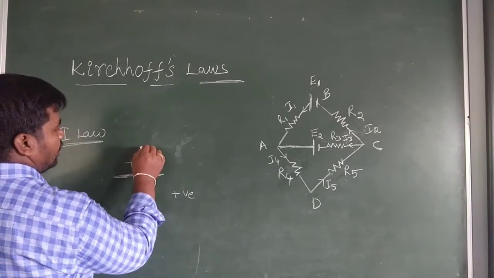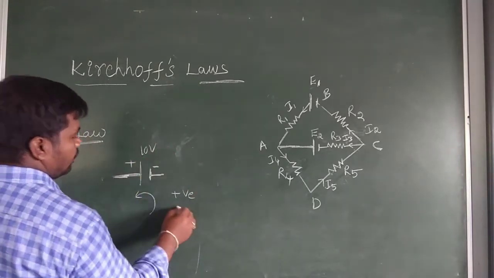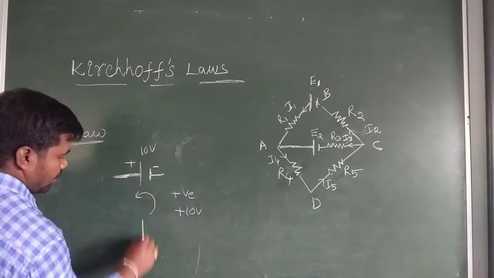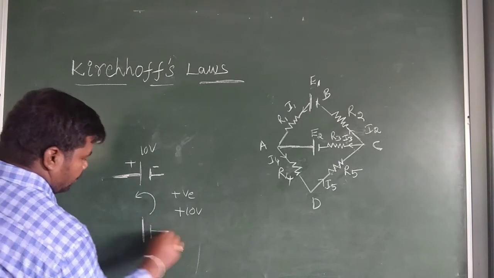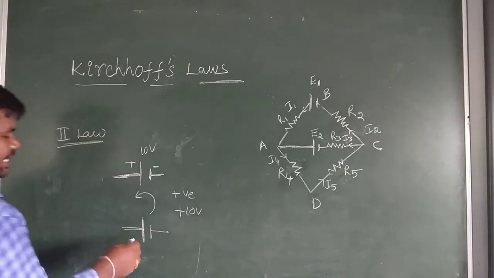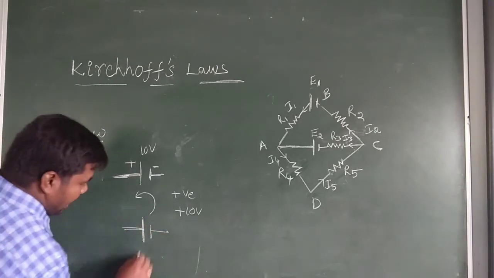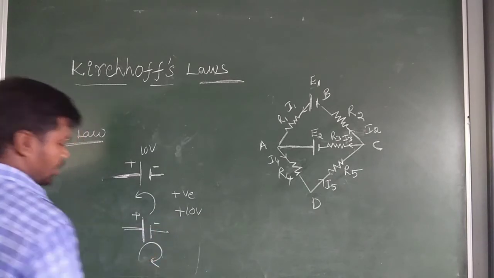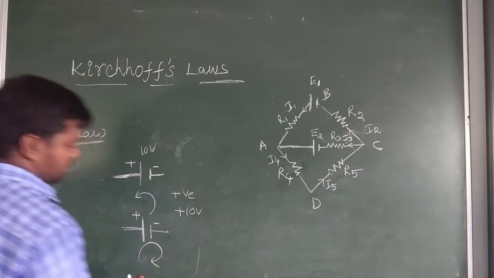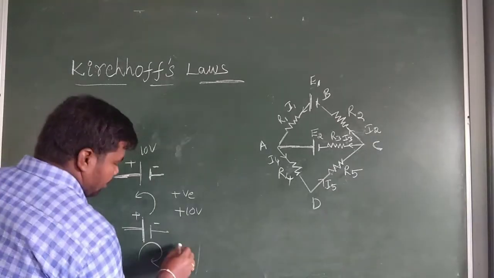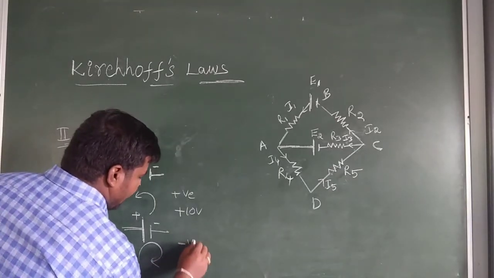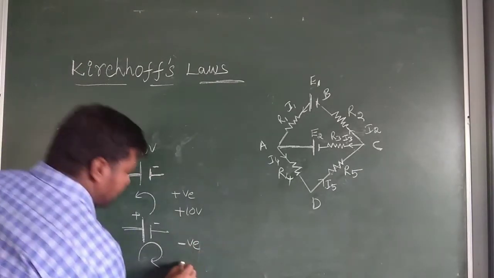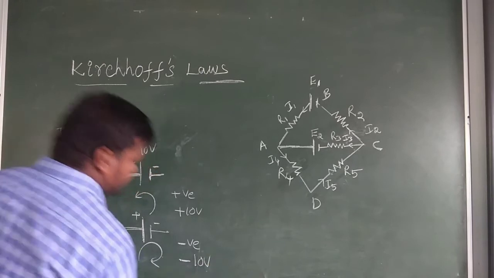If it is 10 volts, we take plus 10 volts. If I take the opposite, clockwise direction, it is towards the negative terminal, so the EMF is minus 10 volts.